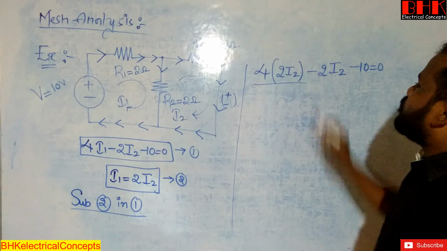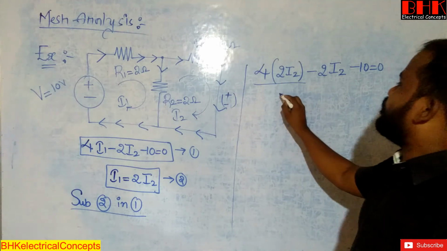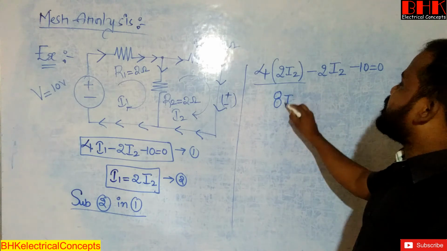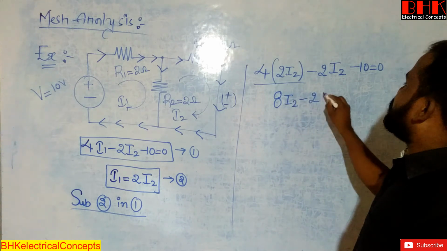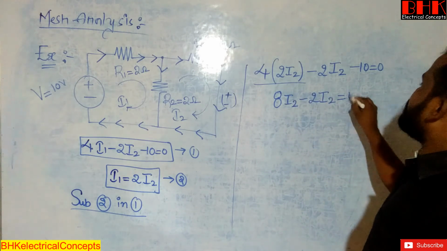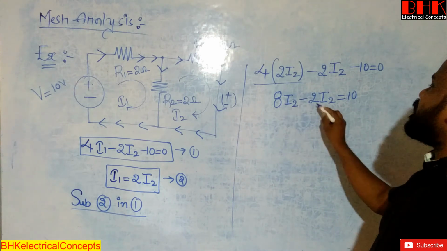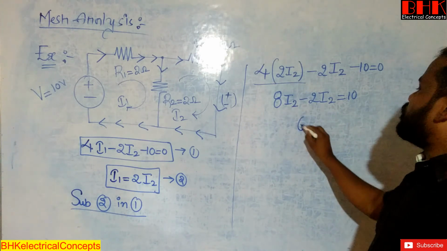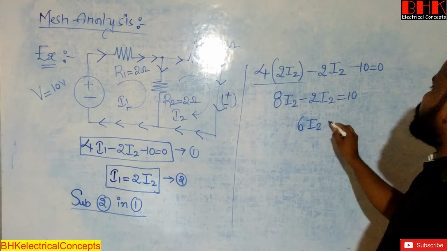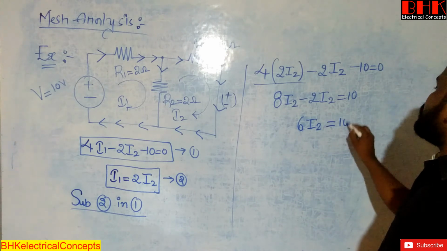Now 4 into 2, 8I2 minus 2I2 is equal to 10. Now 8 minus 2, 6I2 is equal to 10.